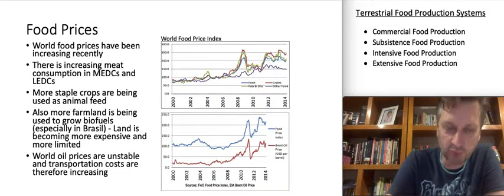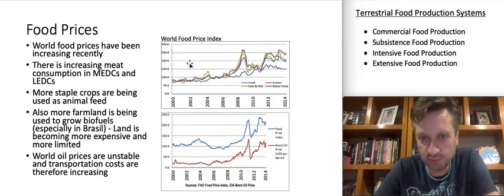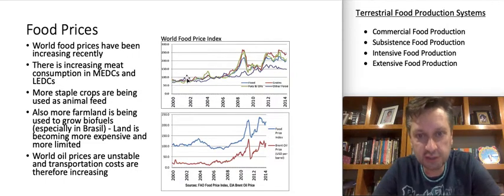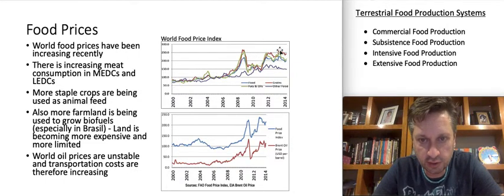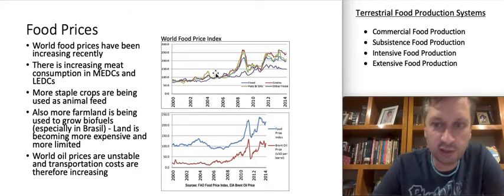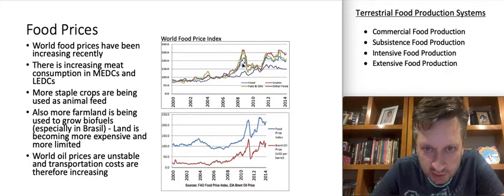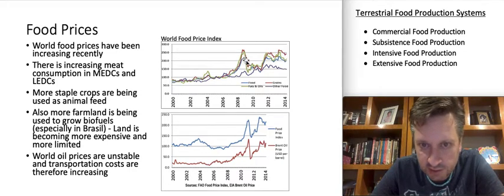In terms of food prices, I guess these graphs are not that visible, but I think you can see the pattern. The top graph basically shows you the price of food over the last 15 years or so, well, up to about 2015 anyway. And you can see that the price of food is volatile. The blue line here, if you can just about see it, is the World Food Price Index.